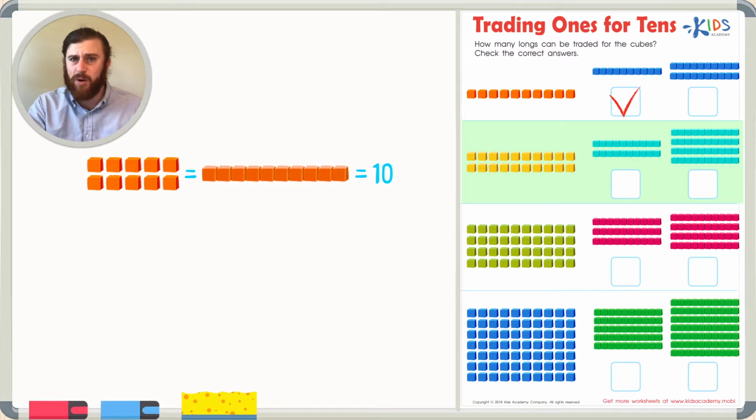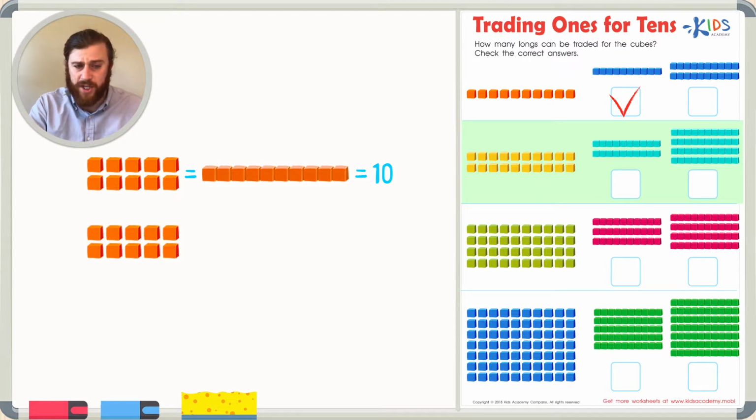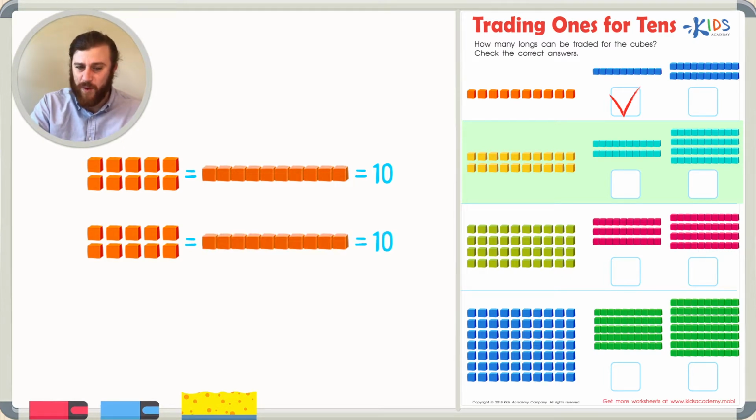Now let's count the bottom row. See how many cubes there are in the bottom row. There are 1, 2, 3, 4, 5, 6, 7, 8, 9, and 10. If I drew out another 10 cubes, I would see that again, if I put them together, it equals 1 long, which is also equal to 10.